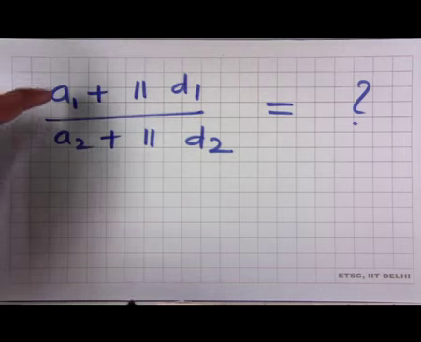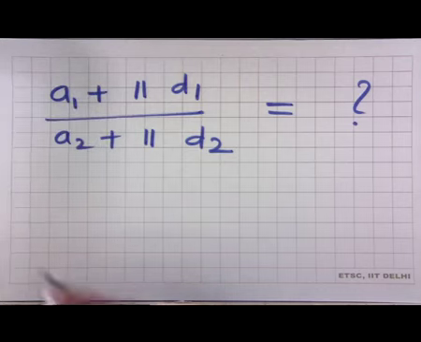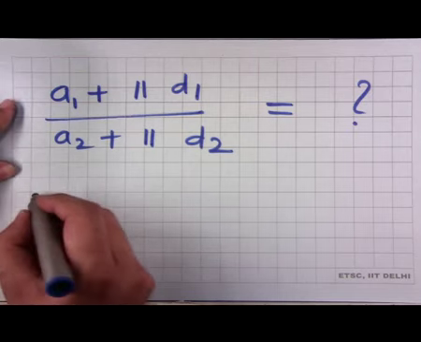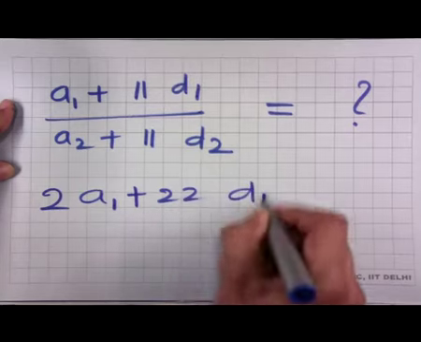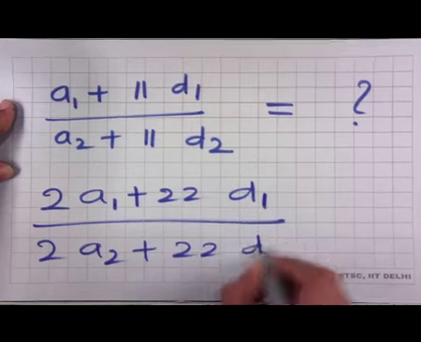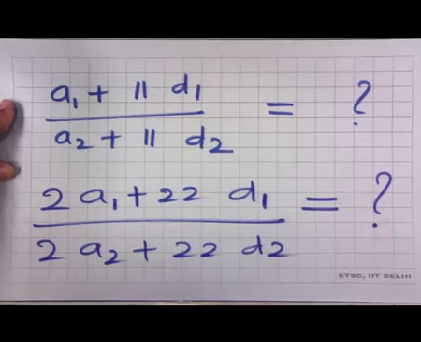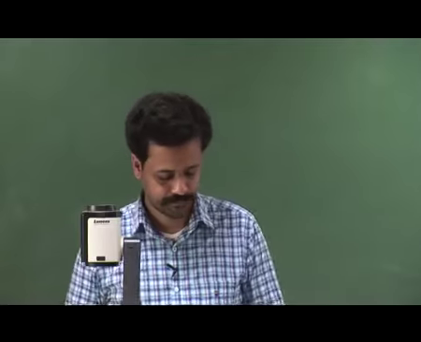Finding the ratio a1 plus 11 d1 by a2 plus 11 d2 is equivalent to finding 2a1 plus 22 d1 by 2a2 plus 22 d2. I multiplied numerator and denominator by 2.